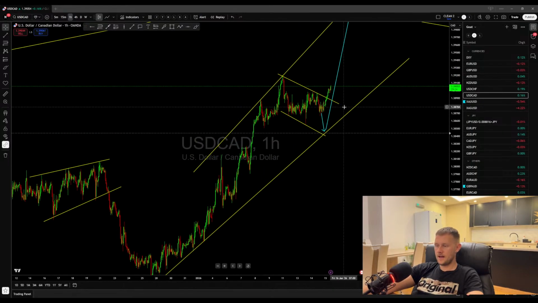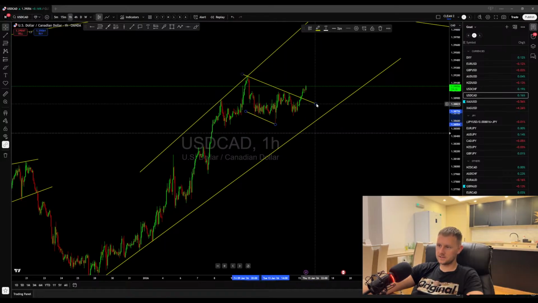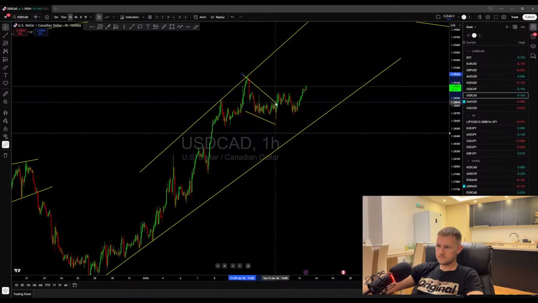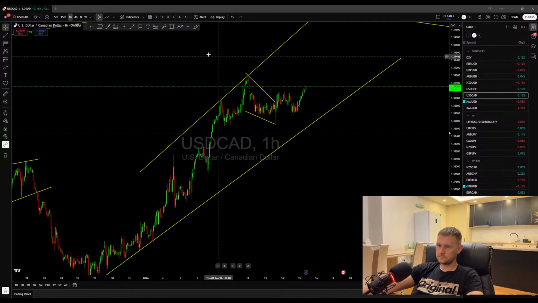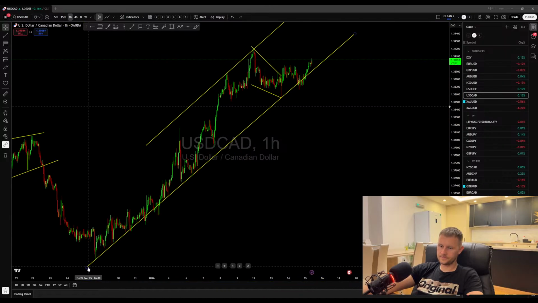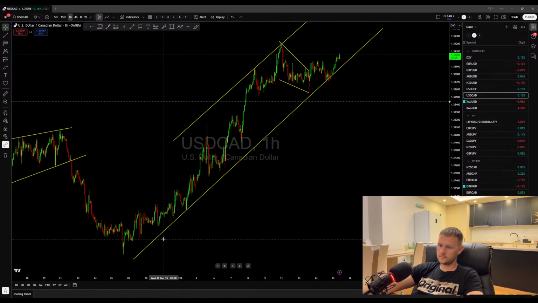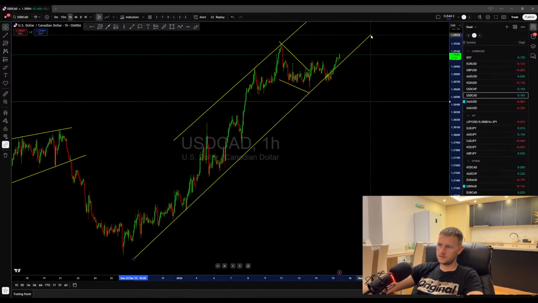USD CAD. I didn't anticipate that this will go lower, but I think this is not the movement. This was like this. This was like that. I think, yeah, this was the search.